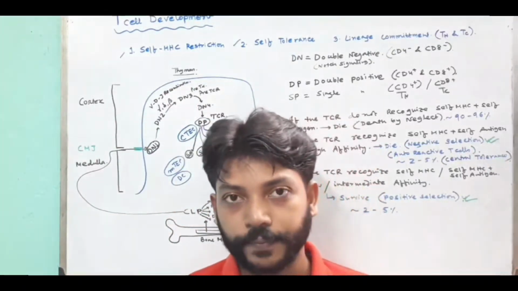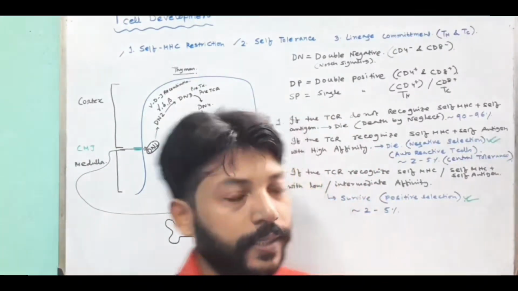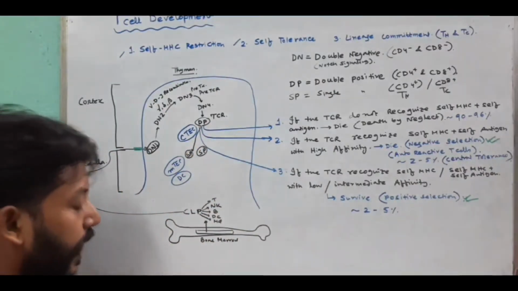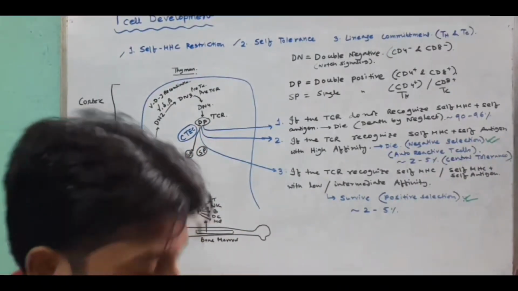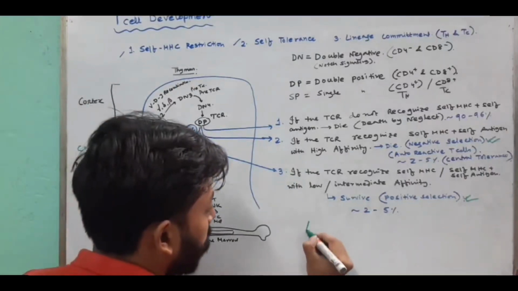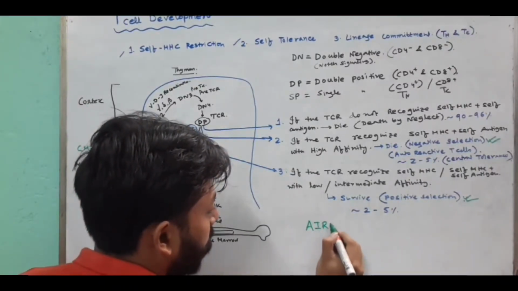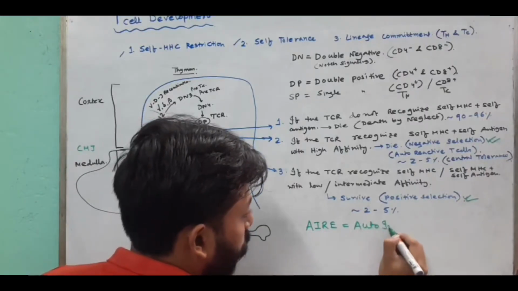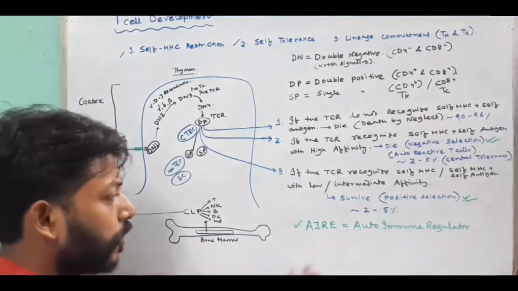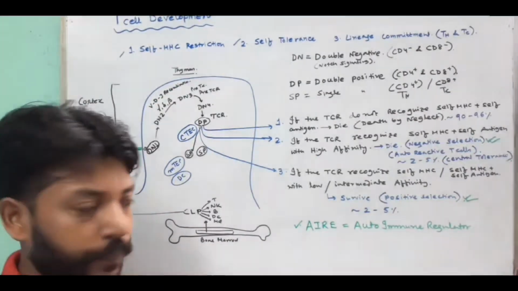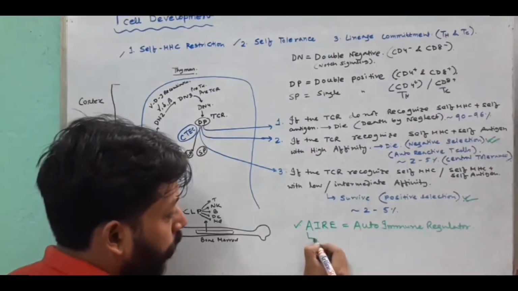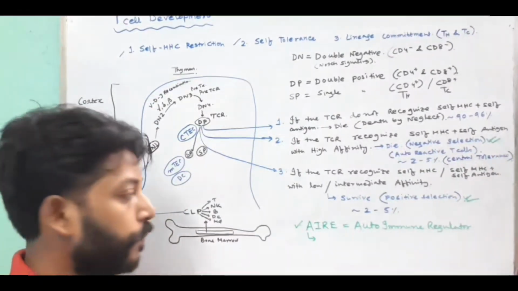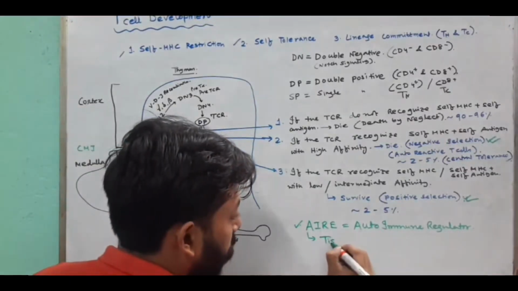I want to mention here that the MTEC cell is special compared to the CTEC cell, because the MTEC cell expresses a molecule called AIRE, that means autoimmune regulator. What is the significance of this molecule? This AIRE molecule can produce, by transcription, tissue specific antigen.